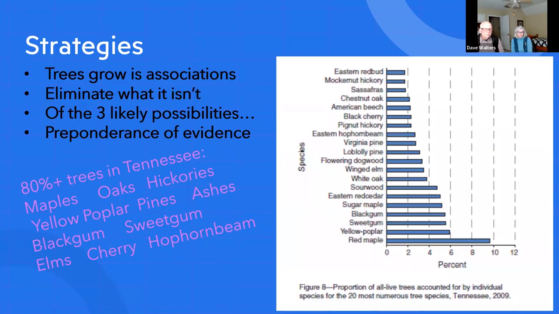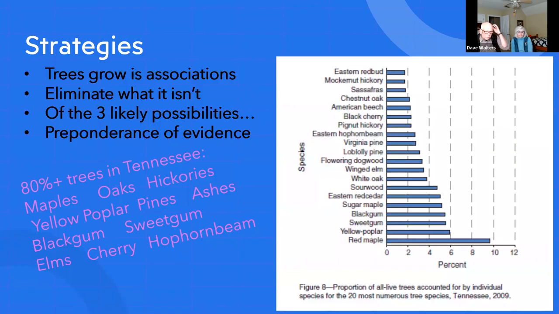And the last thing that's most important is if you look at this graph, this is the forest inventory and analysis data of people that measure the forests of Tennessee every 10 years. And so red maple is the most common tree in the woods. So if you look at those surveys, 80% of the trees in Tennessee are just these species that I've got listed.